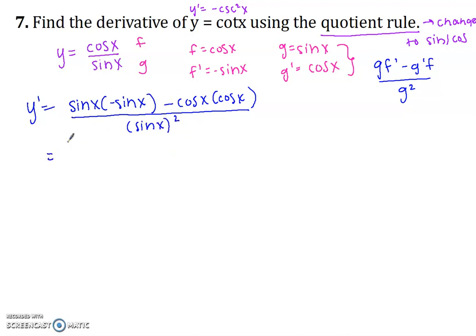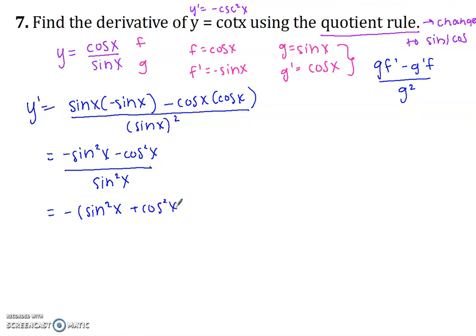Then I'm just going to simplify. Sine times negative sine is negative sine squared. Cosine times cosine is minus cosine squared. And then sine squared is just sine squared. Then we can GCF out this negative 1. That'll leave me with sine squared plus cosine squared all over sine squared.